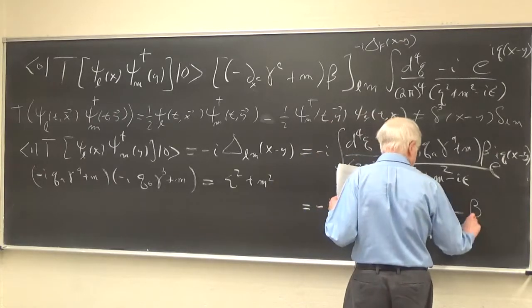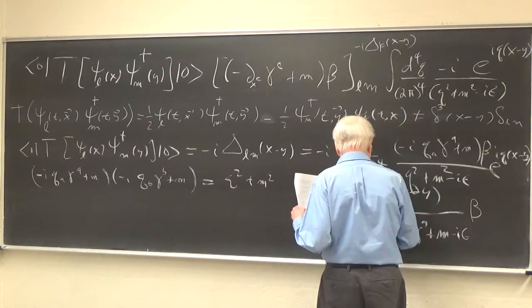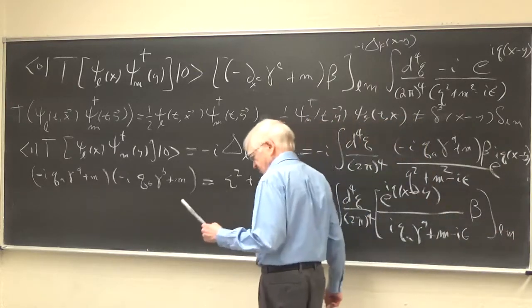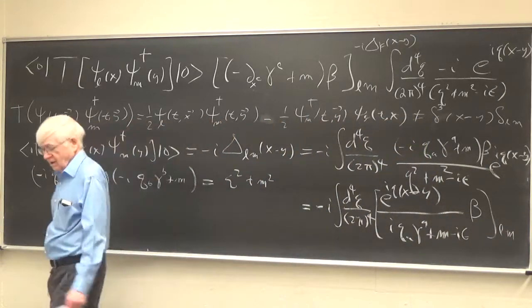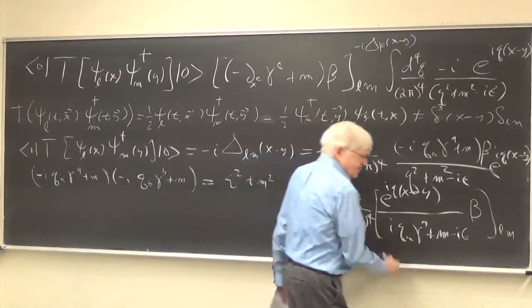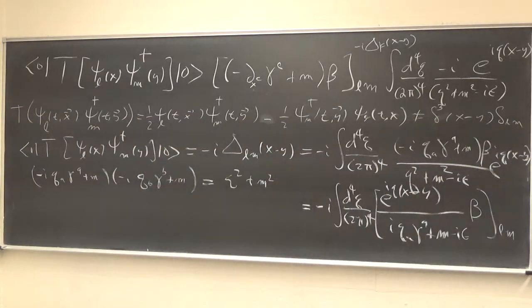But then you have a beta, and then the whole thing, you take the LM matrix element of it. I don't know if there's any utility to doing that. I can't remember ever having made use of that expression. Some people write it down because they think it's cute.